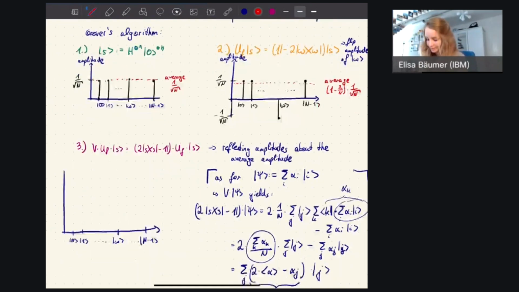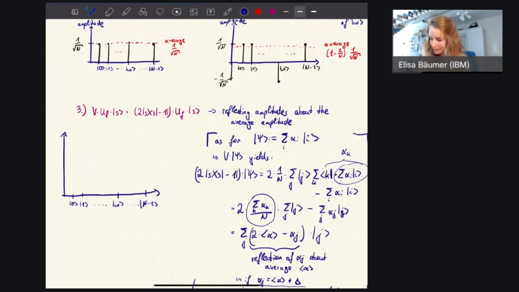Still very similar. Now if we flip the amplitude around the average amplitude, let's draw the average amplitude with something like this. Of course this does not change if we just flip around it. The average stays the same, so the average is still 1 minus 2 over n, so 1 over square root n. But now all the amplitudes change.